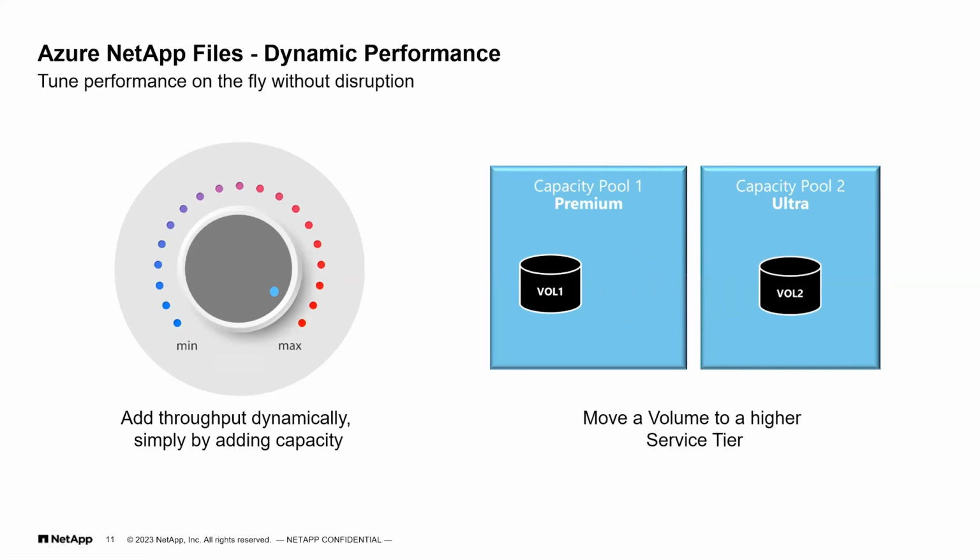This is not something you want to do every day. In fact, you can go up anytime you would like, but once you go up a tier, you then have to have a 7-day waiting period to go back down to a smaller or a slower tier. So keep that in mind, right?